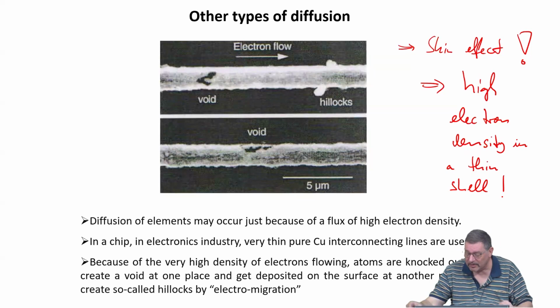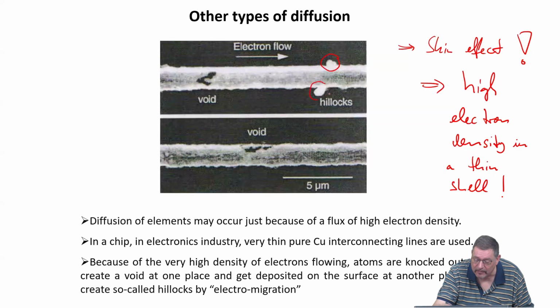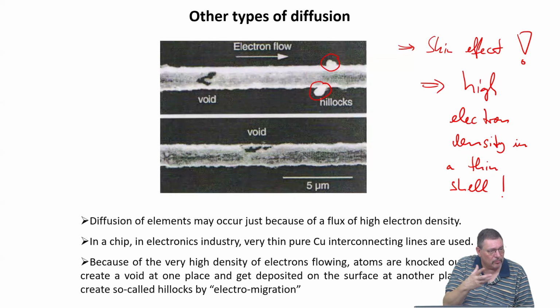And you see the outcome when you look at this wire. This is a wire which was initially very smooth, and then you see what is called hillock formation. This is a technical term from the electronics industry, because this is a failure mechanism. You push atoms, and then they move along with the electron wind, as they call it, so the flow of electrons.